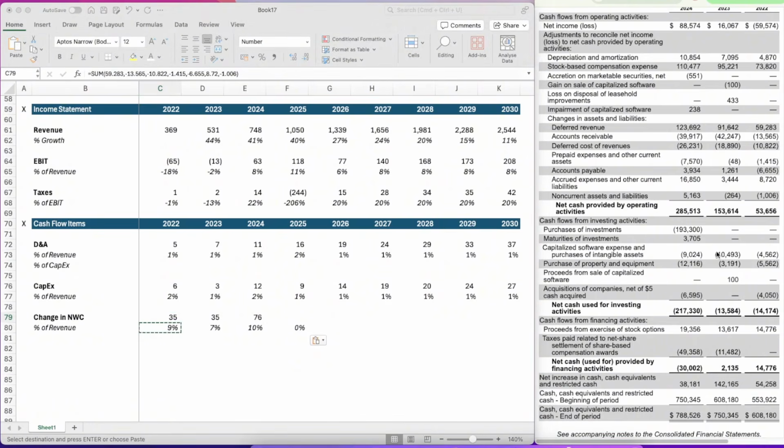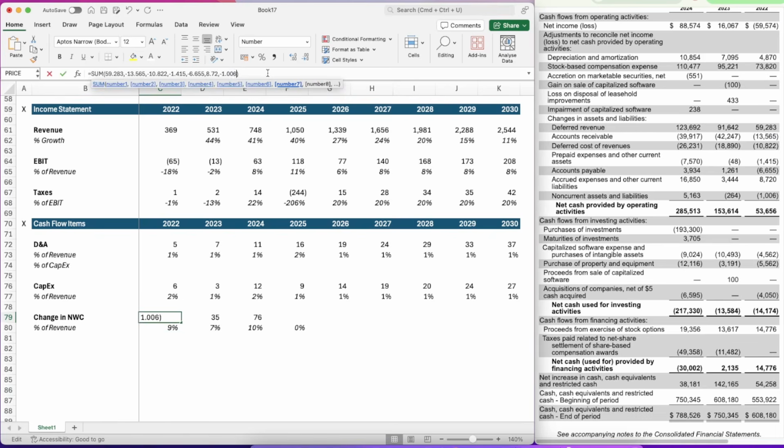Actually, I think I've made a mistake here. We don't need this non-current asset liability. Just remove the last one here on each thing. I know it's only small, but let's try and be accurate. There we go.